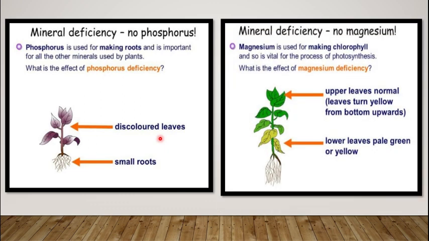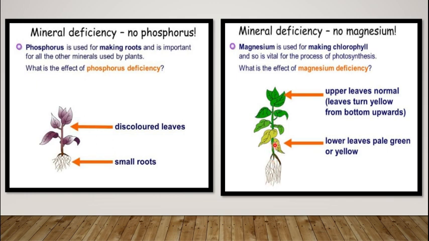The mineral deficiency, second case, magnesium deficiency. Magnesium is used for making chlorophyll and it is vital for the process of photosynthesis. What is the effect of magnesium deficiency? Notice this plant very carefully.